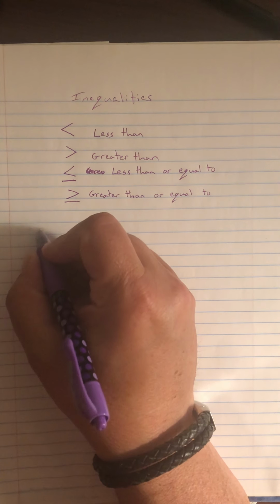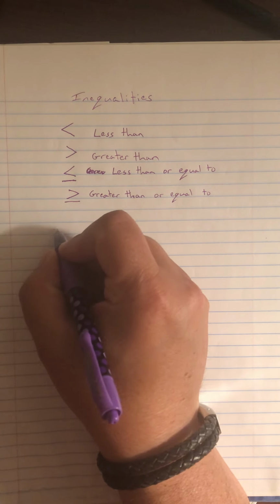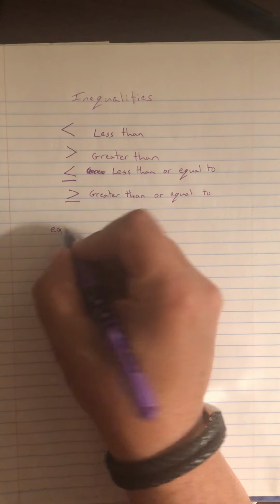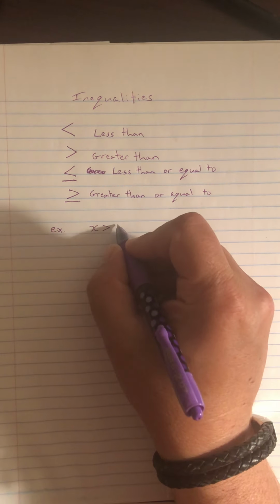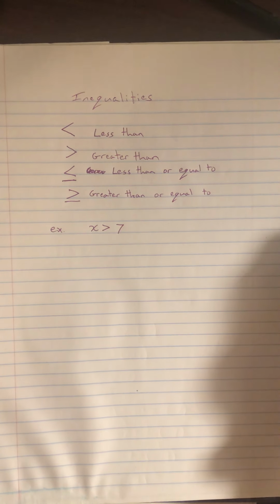Okay. So for our first lesson, pretty quick one, this will go by real fast for you guys, is just understanding which direction these arrows are supposed to point, understand how to read it when it's presented to you, and then how to graph them. So when we are given problems that look like this, and it says x is greater than 7.